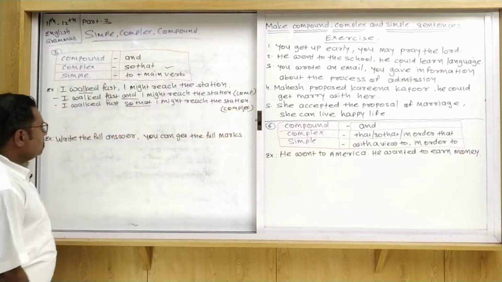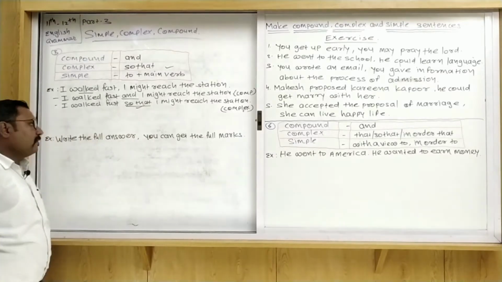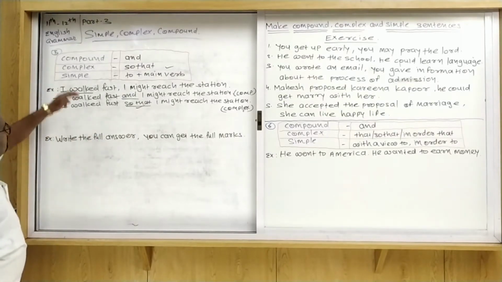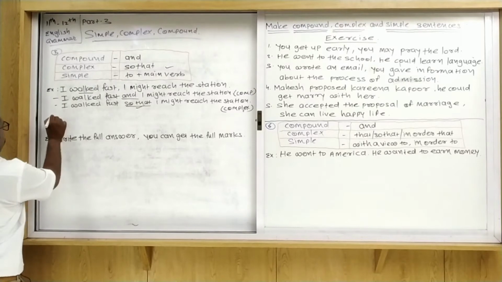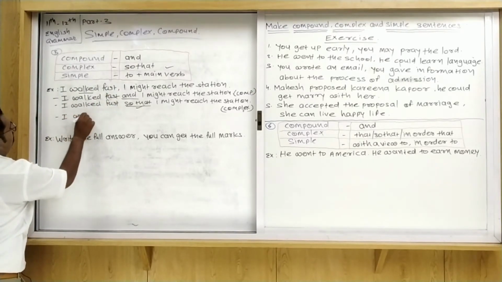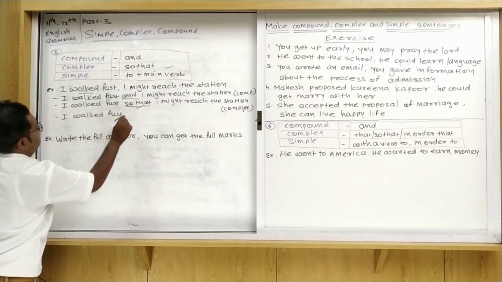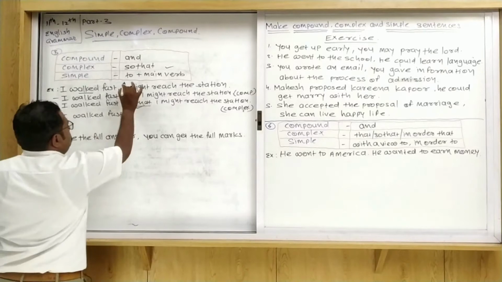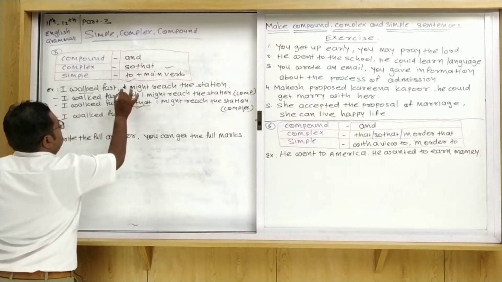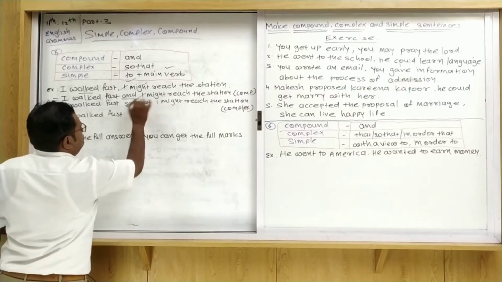Okay dear friends, in complex sentence we use here so that. Now how can we make simple sentence? So first of all, I walk fast. Now we use to, so we remove subject plus might.